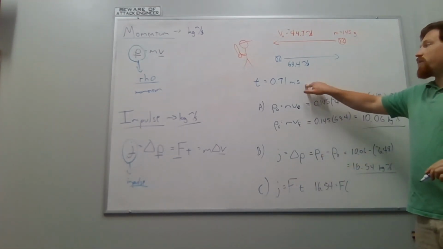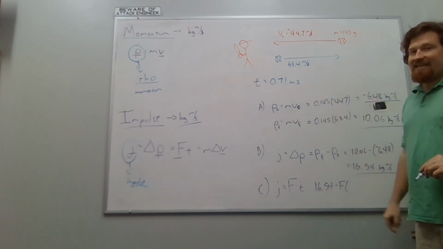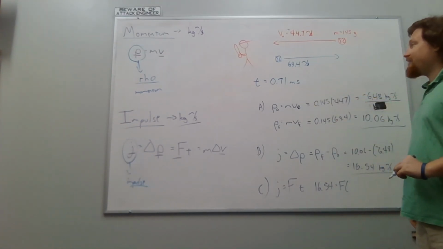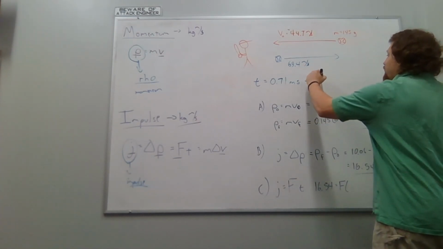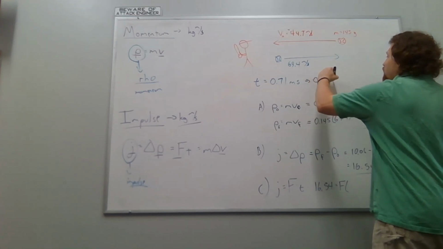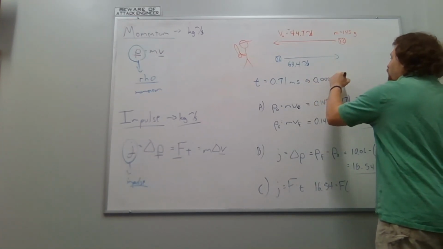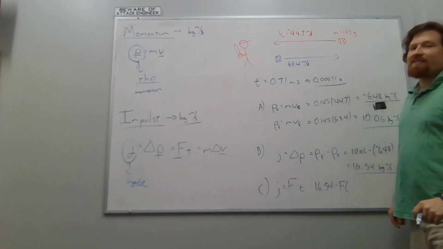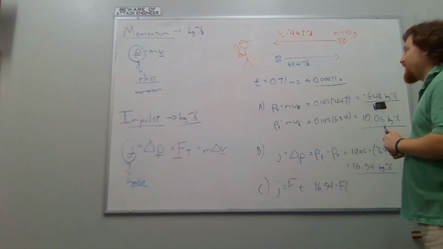We want to solve for force, so we need to plug in time. Now, we know the time that the ball was in contact with the bat, but that is given to us in milliseconds. So we are going to need to convert this to proper seconds, and that's going to be 0.00071 seconds. Milliseconds are very small. They're 1,000 times smaller than base seconds.